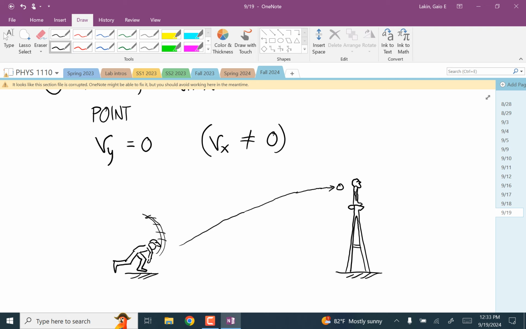If the x component of that velocity was 0, this ball would just gently nuzzle up against your head and be exactly stopped at the instant it got to your head. But intuitively, you just know that's not what would happen. And the reason for that is this: being at the highest point doesn't have any effect on the x component.